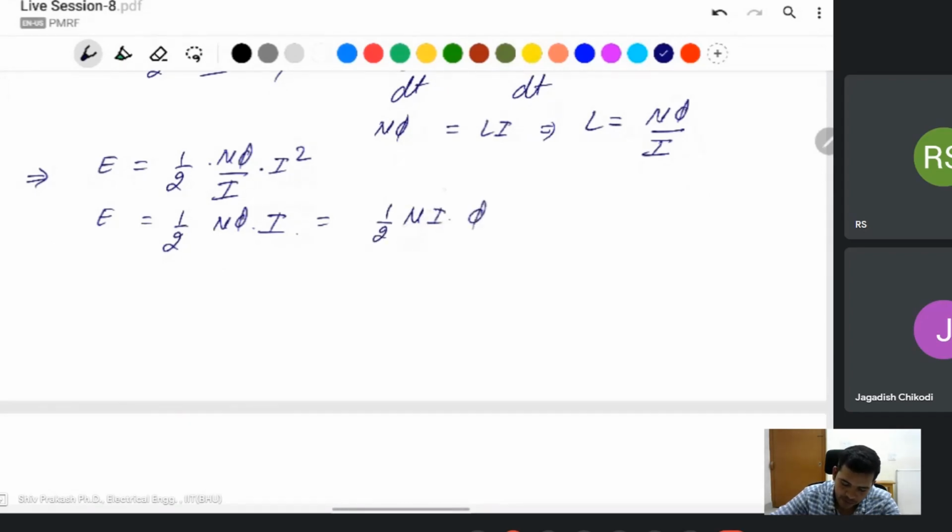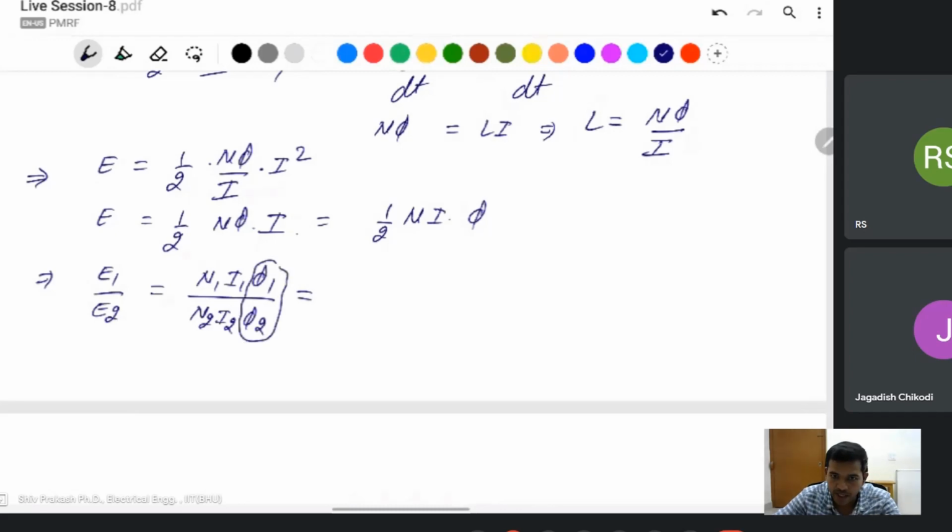So for both, the energy ratio E1 divided by E2 is equal to N1 I1 phi 1 divided by N2 I2 into phi 2. Phi 1 by phi 2 is already calculated. N1 is 100, I1 is 5, divided by N2 which is 50, into 5.